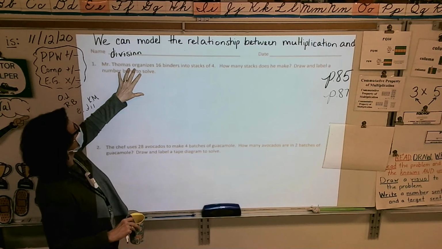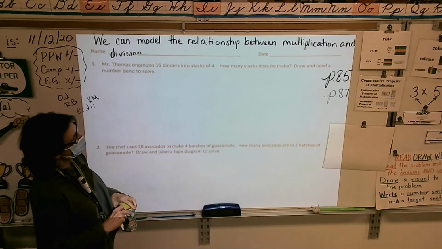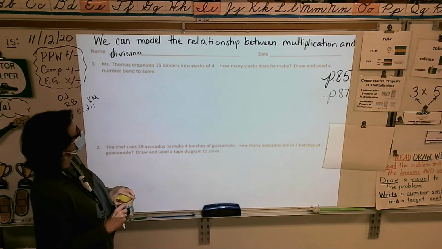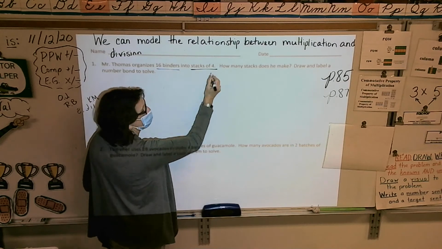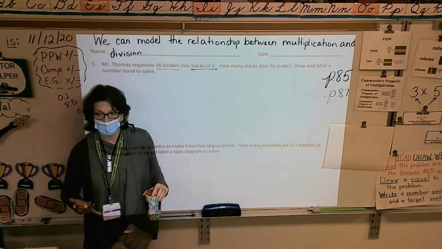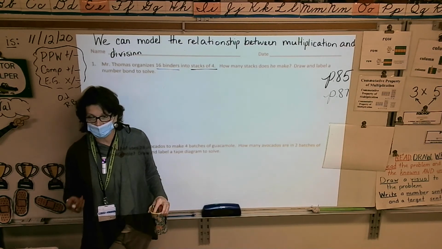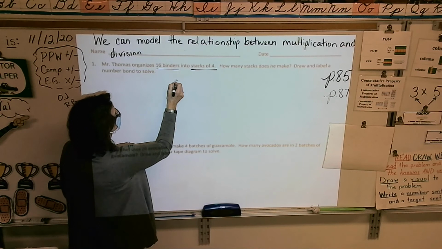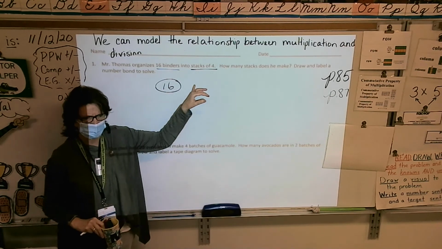It says Mr. Thomas organizes 16 binders into stacks of 4. How many does he make? Draw and label a number bond to solve. Well, we know there's 16 binders and he puts them in stacks of 4. So a number bond is a whole with so many parts. And then we have a size in each part. We know 16 is our total, correct? And then he has stacks of 4.